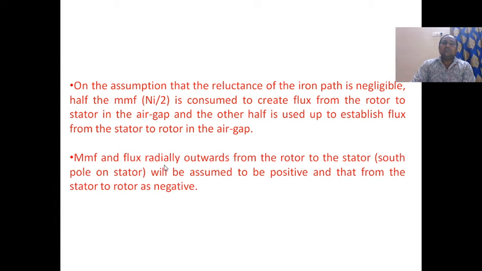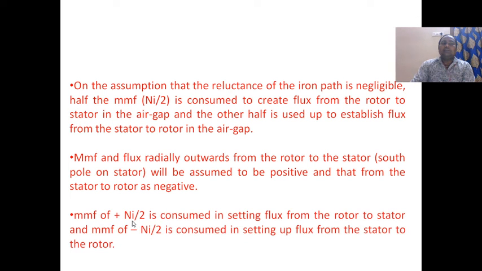MMF and flux radially outwards from the rotor to the stator will be assumed to be positive, and that from the stator to rotor as negative. MMF of plus Ni by 2 is consumed in setting up flux from the rotor to stator, and MMF of minus Ni by 2 is consumed in setting up flux from the stator to the rotor.